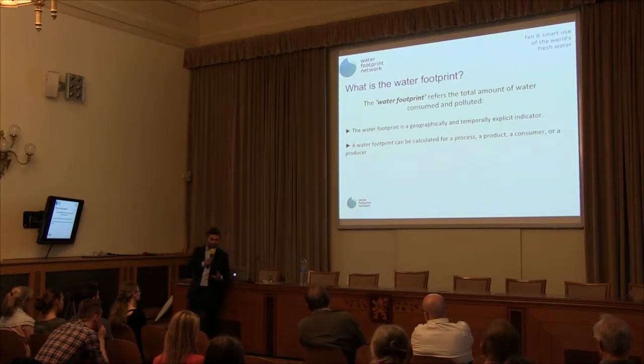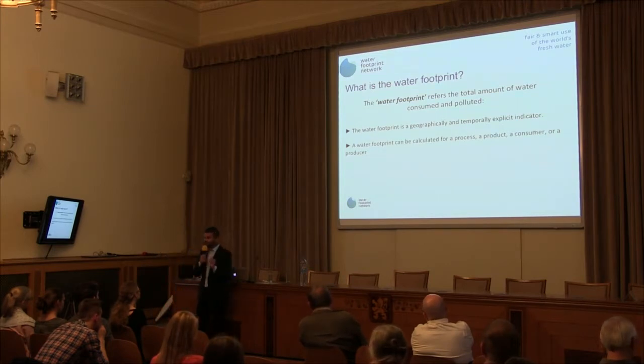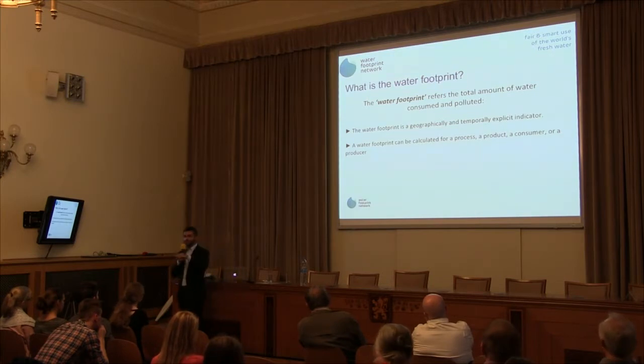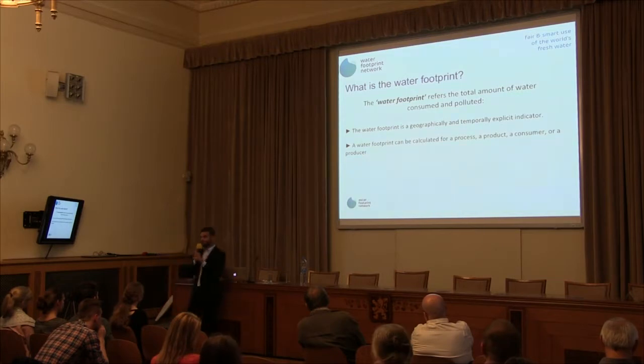Because water use, water consumption, water availability, water scarcity, and water pollution change spatially and temporally. They change per time, daily, and per location, from Czech Republic to Poland, even from Prague to another city. So all the conditions are different. So it has 3 dimensions.